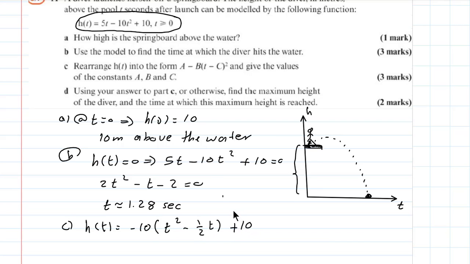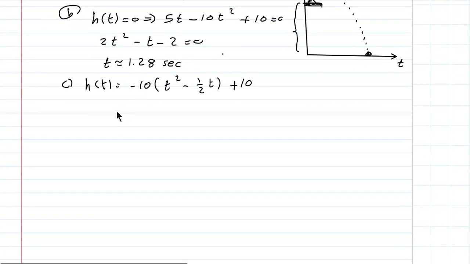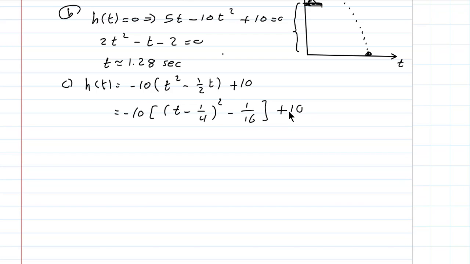Very good. And then we can rewrite it as negative 10, big bracket, and then small bracket, t minus half with the coefficient, which will be quarter, all squared, and then minus 1 over 16. Close the big bracket and then plus 10. Very nice question.